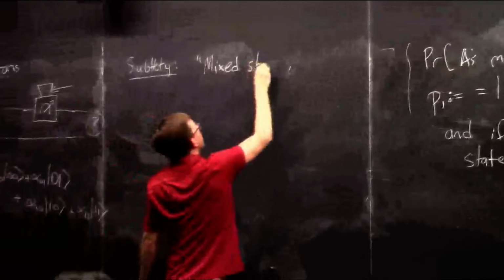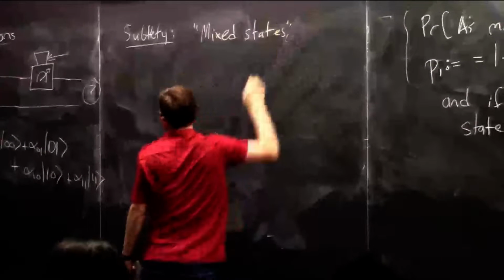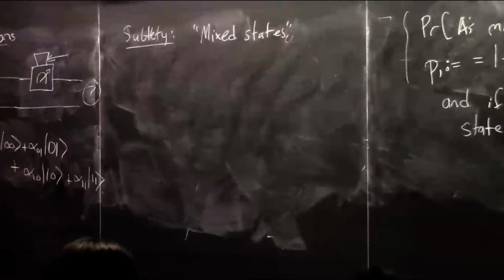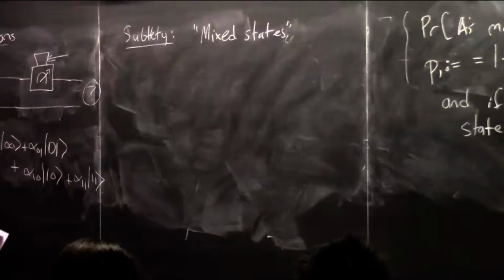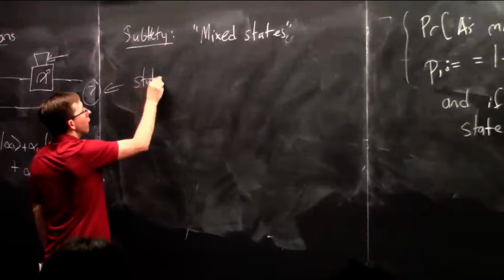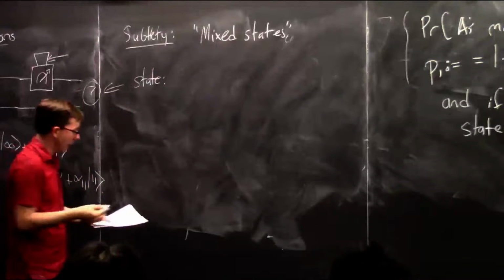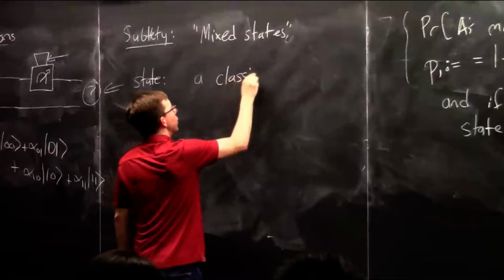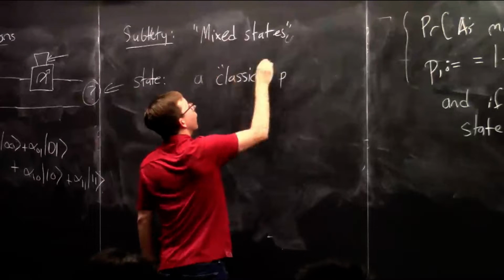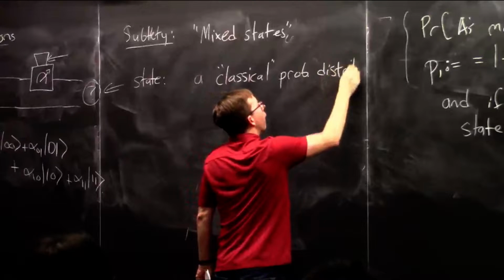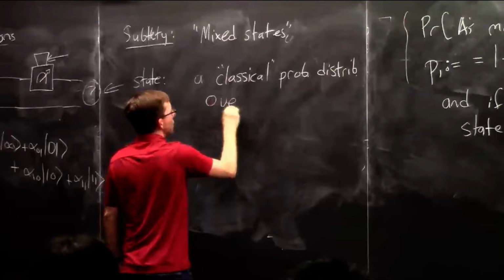Suppose I asked, remind me again, what is the state of the two particles in the broad sense? What's going on with these two particles after this operation? Well, the correct way to define it is that it's a classical probability distribution over quantum states.